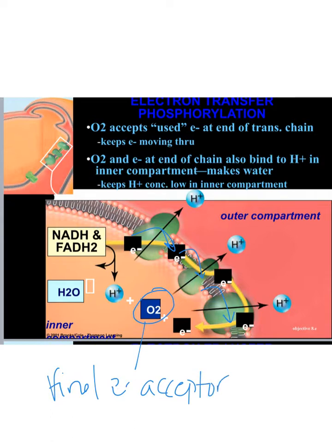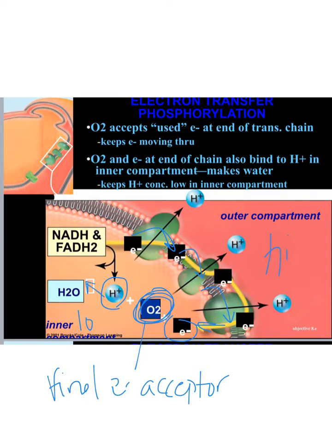So that electron's going to get down here to that last step, and oxygen is going to be waiting to scoop it up. So we now have oxygen, we have an electron, and we have a little bit of hydrogen ion concentration in here. Remember, this was low out here, and this was high out here.